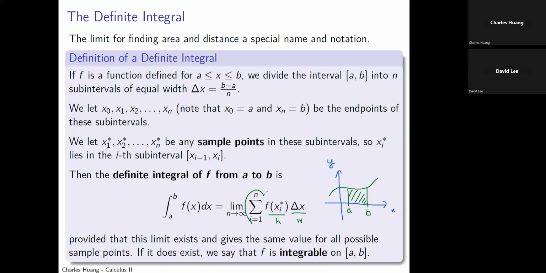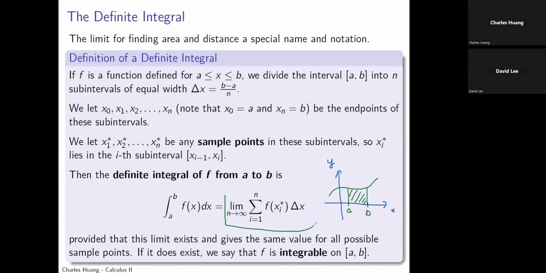And this part here is the sum. This part tells us for all of these rectangles, we're going to add up the area of the rectangles. And then the limit says we're going to make as many rectangles as we can. We're going to try to fit as many rectangles as we can in there. And that is going to be the area.